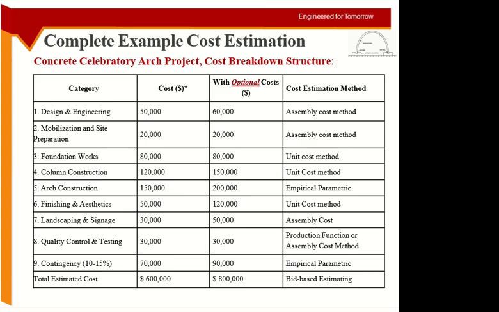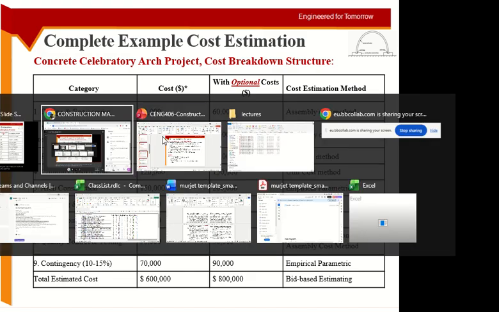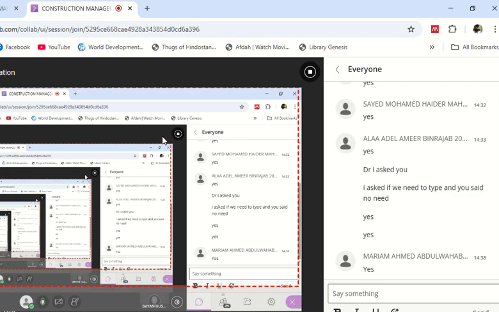Now, just a recap. If I am calculating the cost of the formwork, what are the units? I will calculate the cost per unit item for the formwork. So what will the units be?